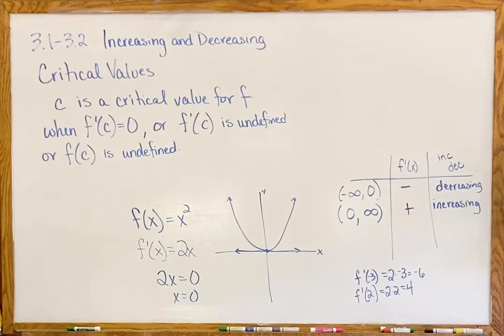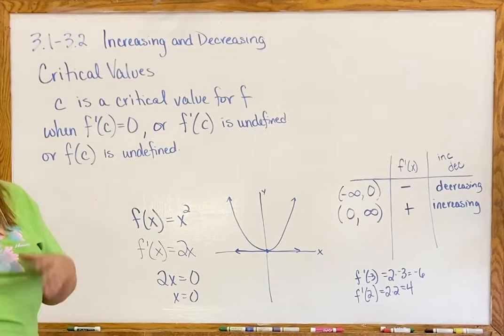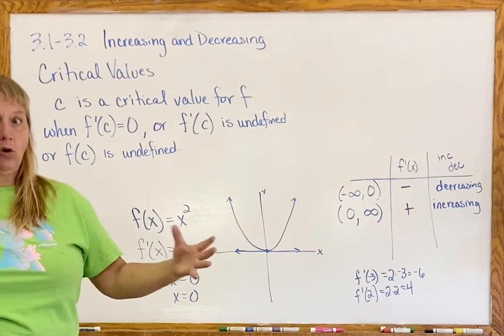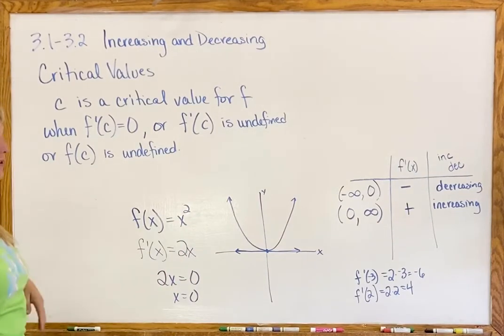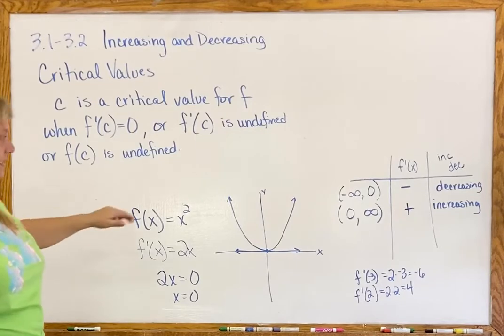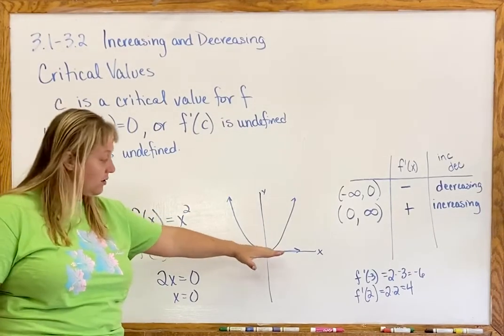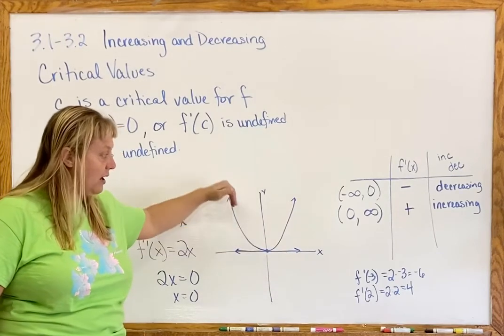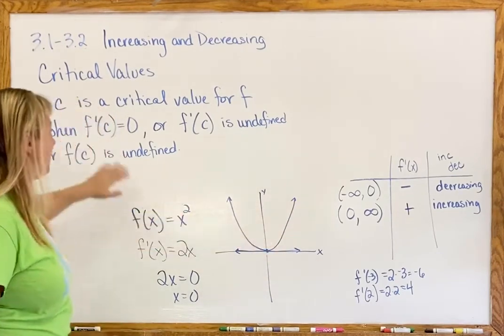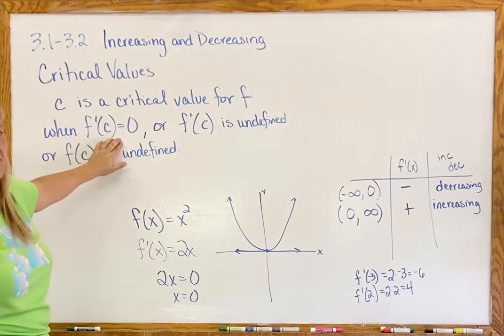Remember that these are called critical values. Critical values mean something special or critical is happening to the function or to the graph. One thing that is critical is where we get that horizontal tangent, where the derivative equals 0. We're going to get a change going on there. That's that first one, and that's what we're normally looking at.